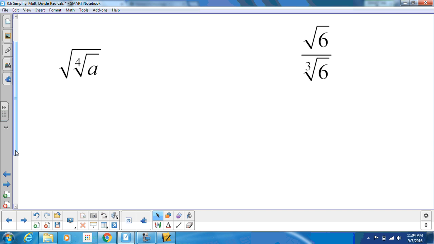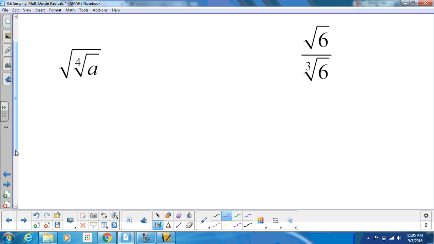Okay, so what I have is the square root of the fourth root of a. So in radical form, there's nothing really that we can do. Let's change it to exponent form, and we can at least combine and get it down to one radical.